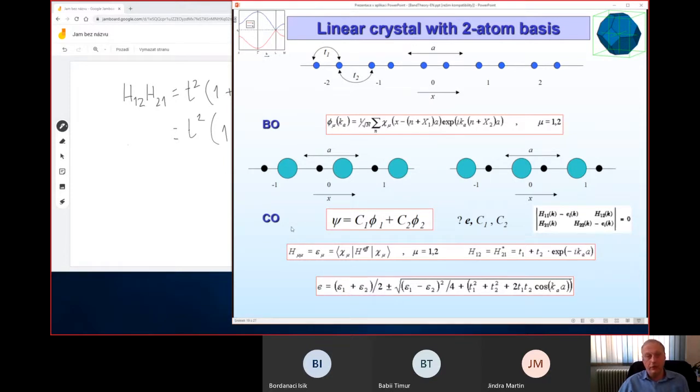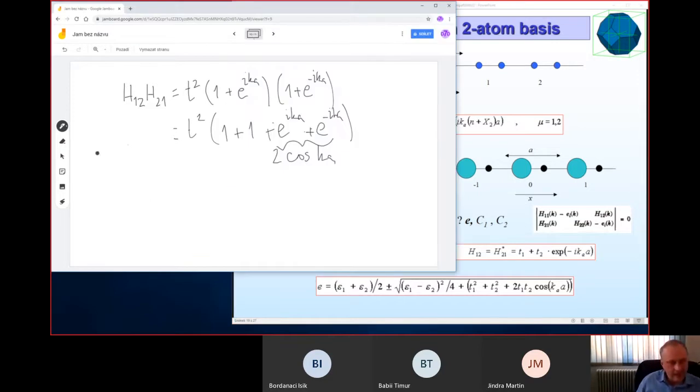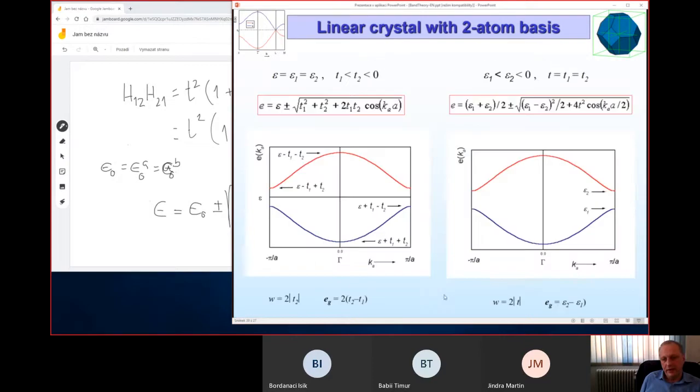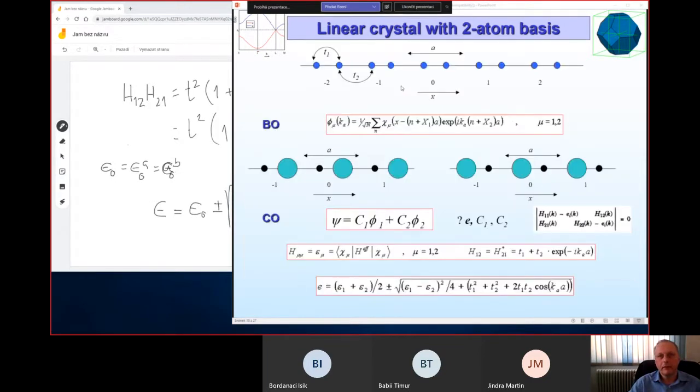And if the on-site energies of these two orbitals were the same, then for the first case, if E0A is equal to E0B, the on-site energies of the atomic orbitals, from this we would obtain E0 plus minus the square root, and this part will be equal to 0, because if the energies are the same, then this difference is equal to 0, and we would have only this part under the square root.